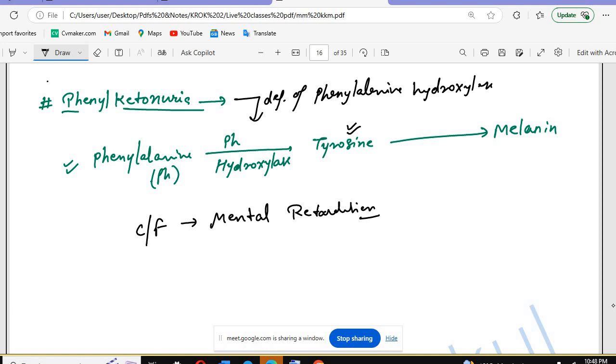Along with that, tyrosine will become an essential compound.